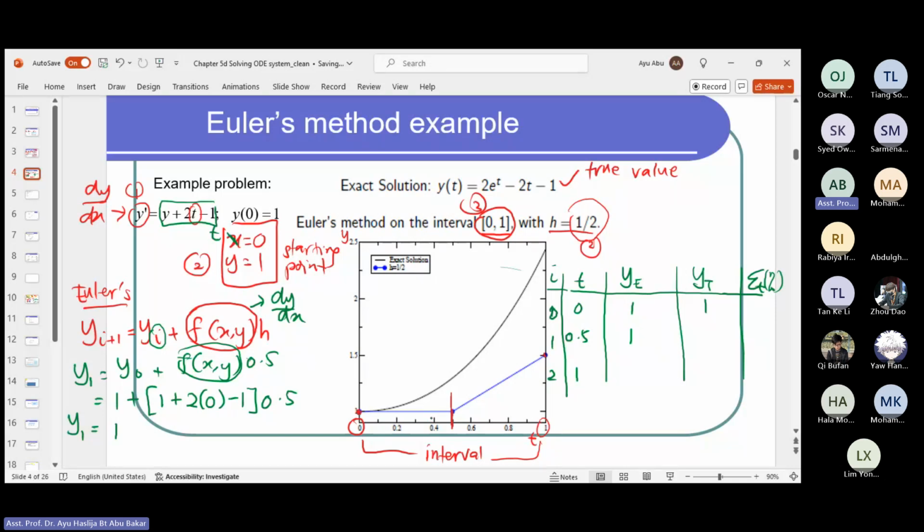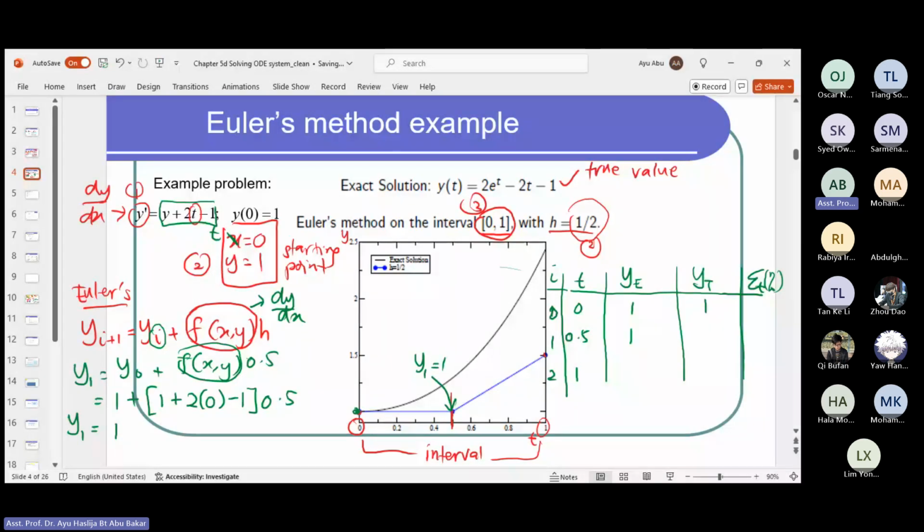That is why you see over here at t0, y equals 1. At t 0.5, which is your y1, it still equals 1. This is the predicted value, predicted using Euler's method.